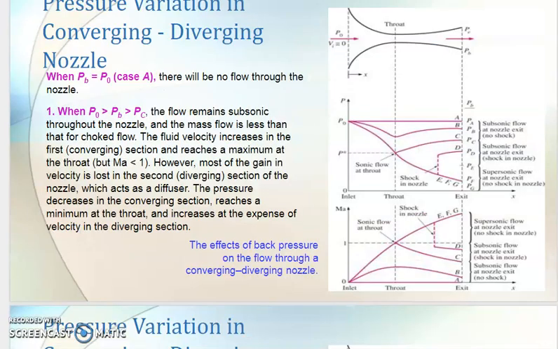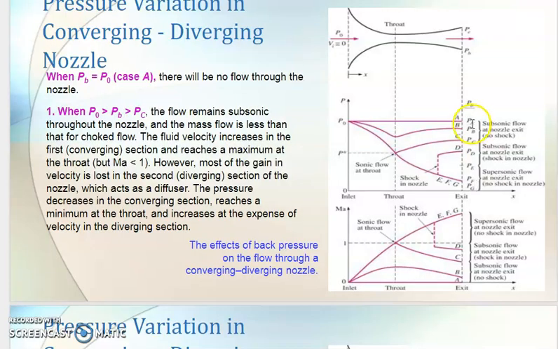Now we take a look at the converging diverging nozzle. You have pressure at the entrance, pressure at the exit, and then you have the throat, which is where the Mach number equals 1. You have back pressure with many variations, PA up until PG.